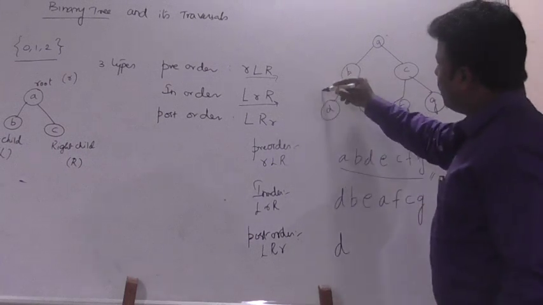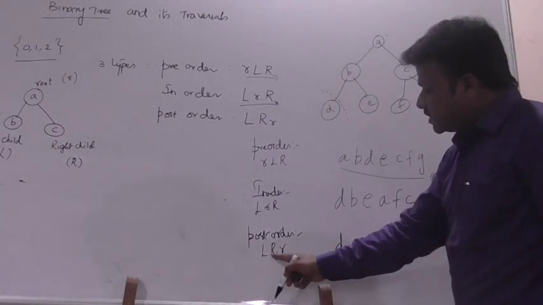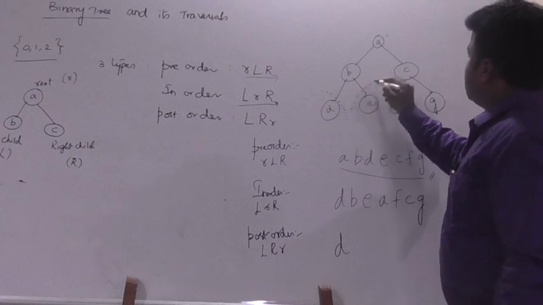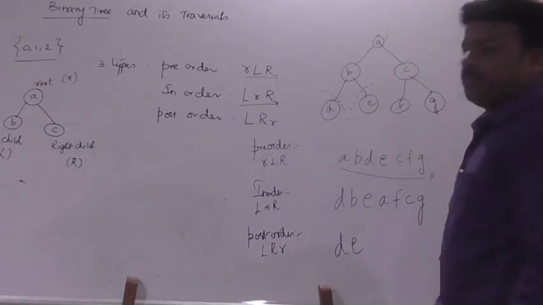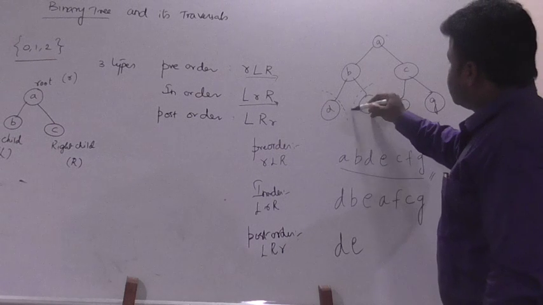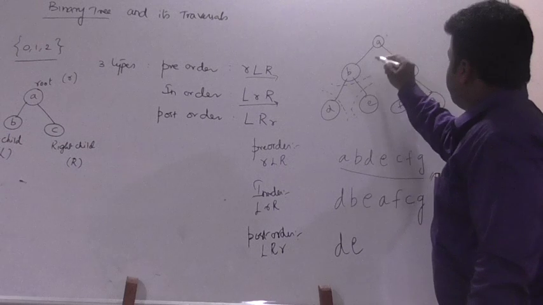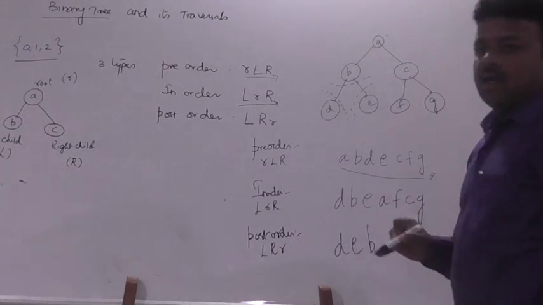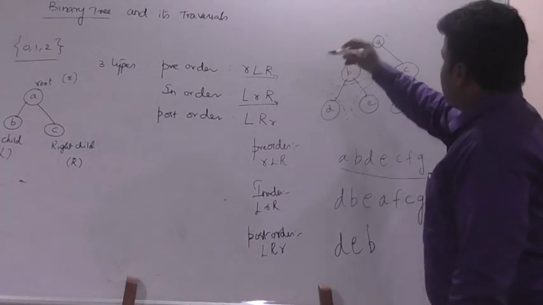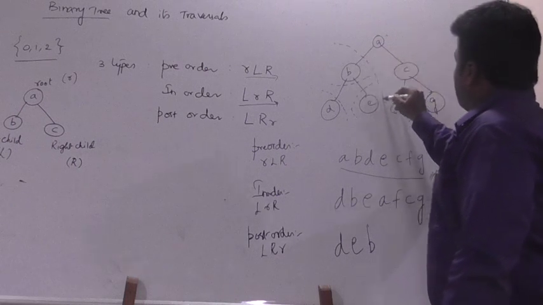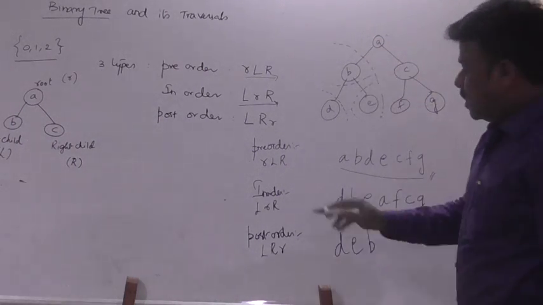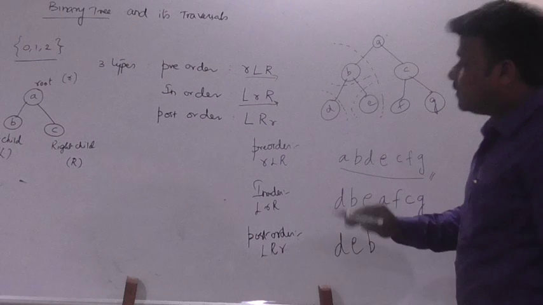Immediately after visiting the left part, you are supposed to visit the right part. That is E. Okay. Immediately after visiting the right part, you are supposed to visit the root part. That is B. Now for the entire tree, we have visited the left part and we need to go towards the right part.